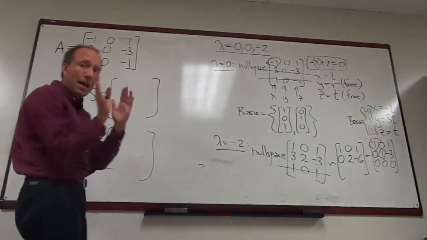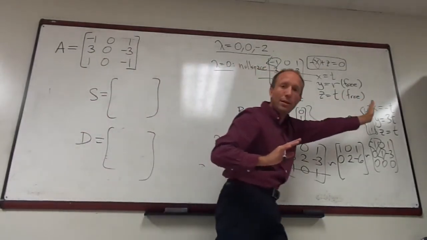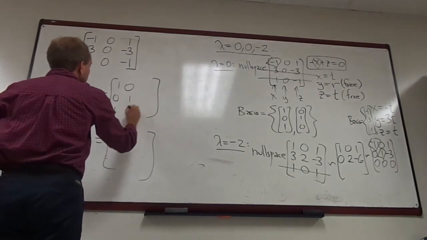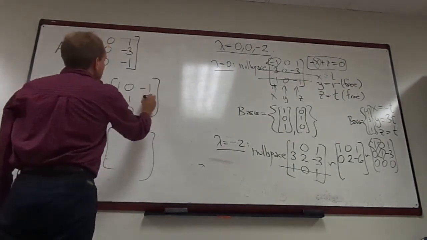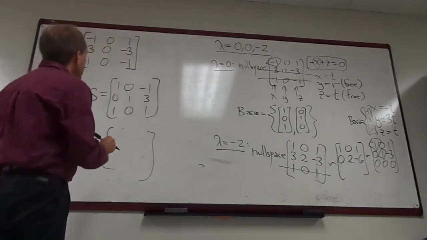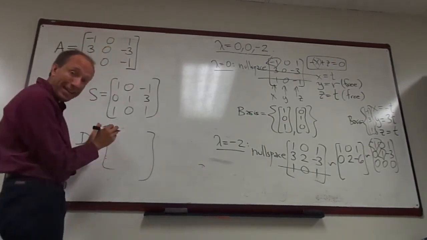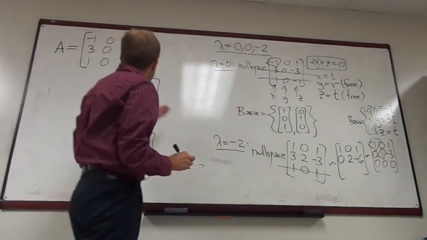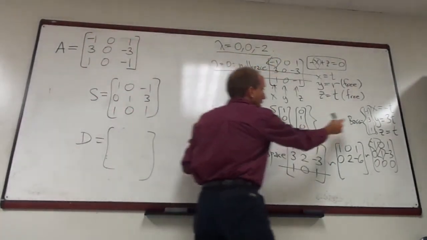And it actually does not matter what order you put these 3 vectors into the columns. I'll just put them in the order that we see them, but be aware that you can change that if you want to. So there's S, and then D is just the diagonal matrix, where the lambdas are going down the diagonal in the same order that you chose the eigenvectors.